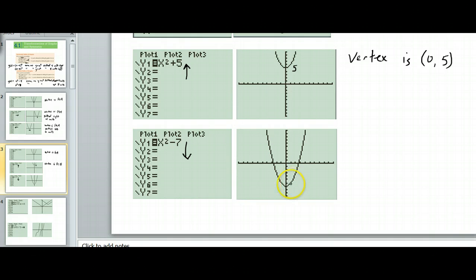So we're down here at negative 7. The vertex is 0, negative 7. Alright, so you can plot these on your own calculator and verify. Plug in any numbers you want. In the parentheses is going to shift it left and right. Out of the parentheses is going to shift it up and down.